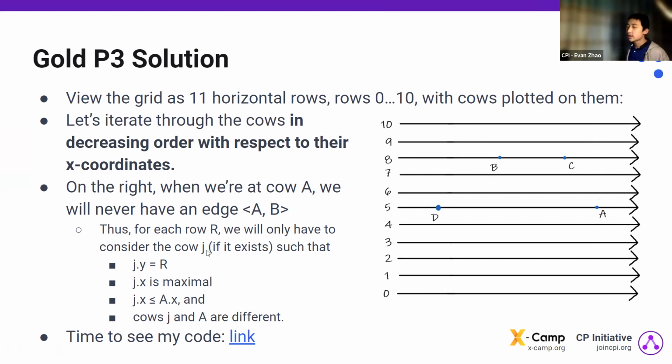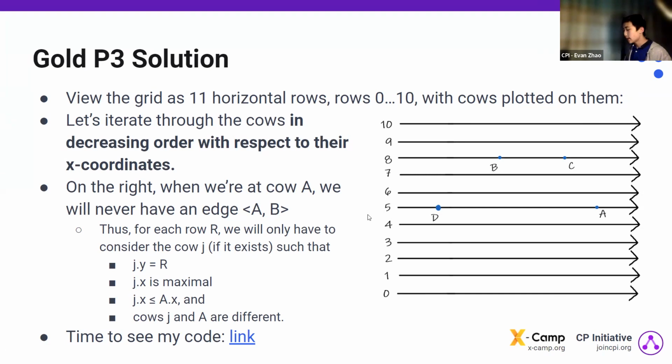We only have to consider the cows that satisfy these 4 conditions, and we construct edges between A and all of the cows on each row that satisfy these 4 conditions. Why would that be?